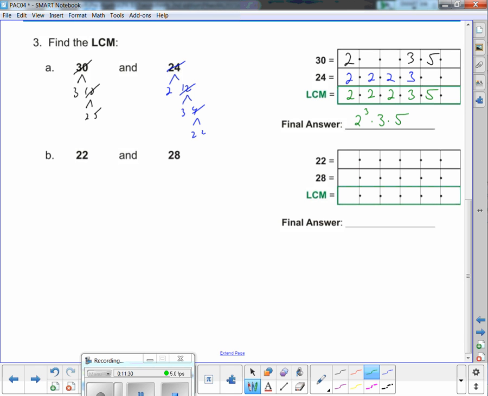By the way, and we'll get to this in the back, just so you know where we're going, the LCM is the LCD if they're denominators. What's an LCD? You should know that. Somebody raise your hand and tell me what an LCD is. Chloe? Least common denominator. What's the importance of a least common denominator?